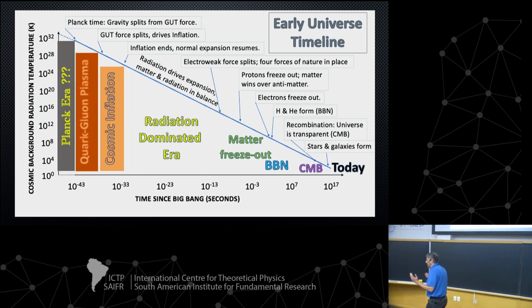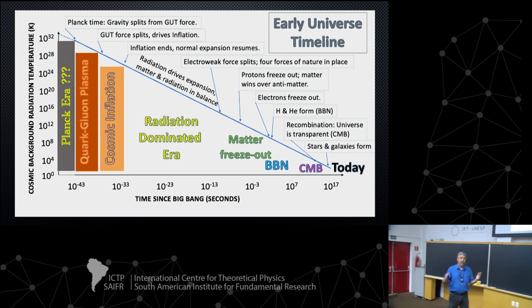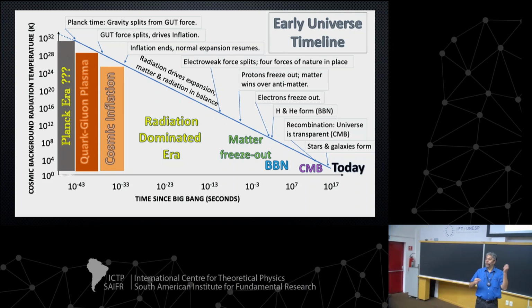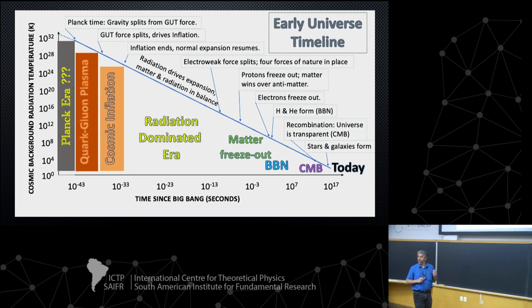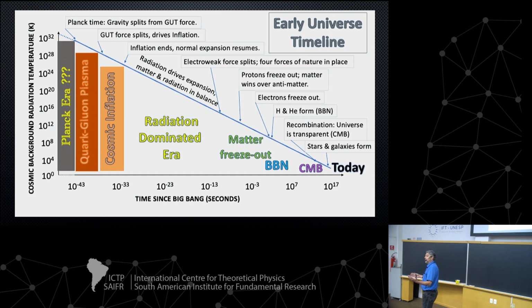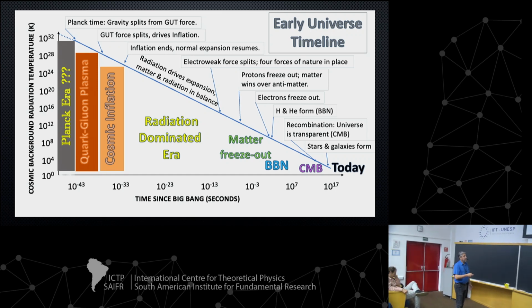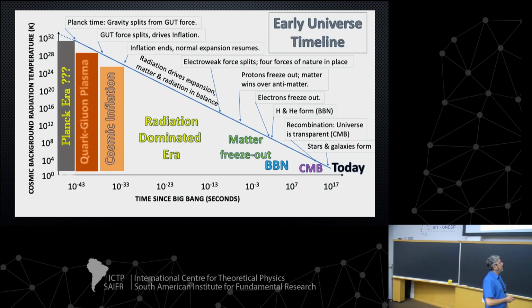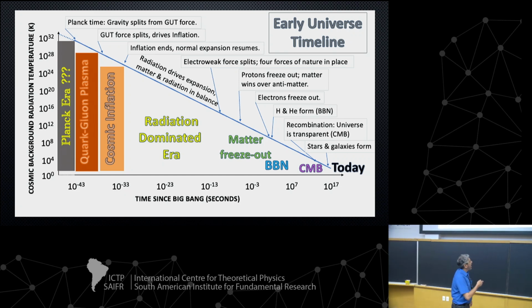But it just happens that every 1 part in a billion or so, that doesn't happen, and only a proton is produced and not an antiproton. Okay? And because of that, our universe is made of matter, right? And not antimatter. So this is when that happens. It's called CP violation.